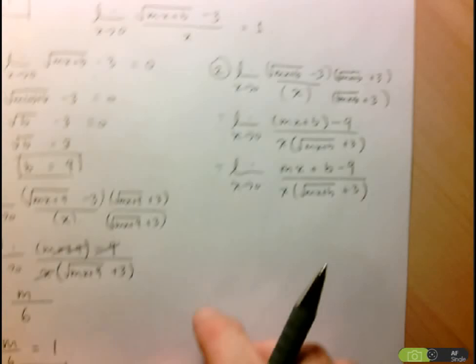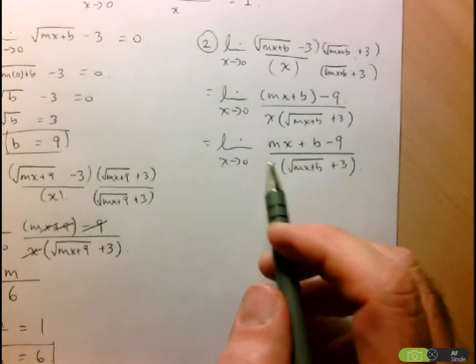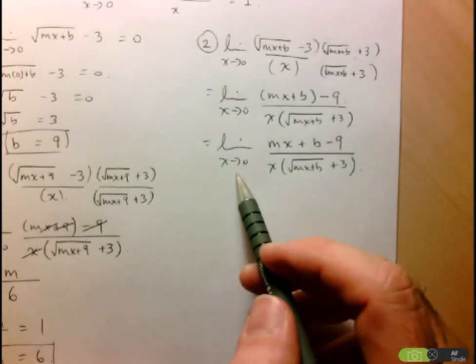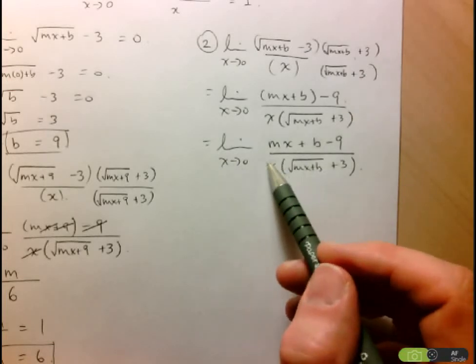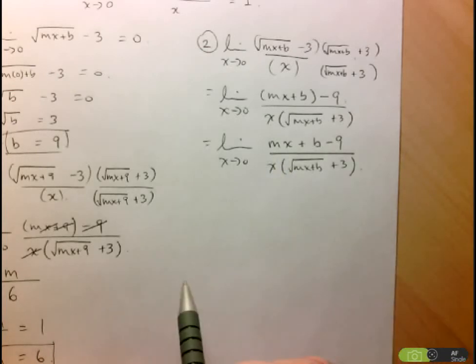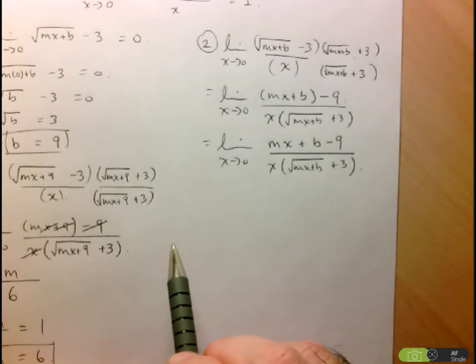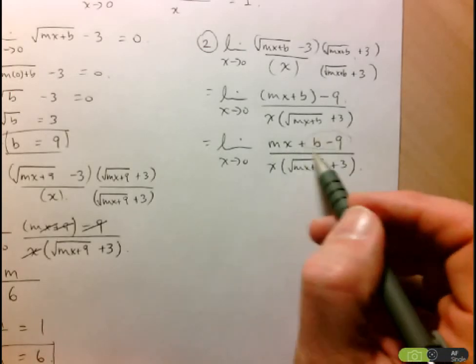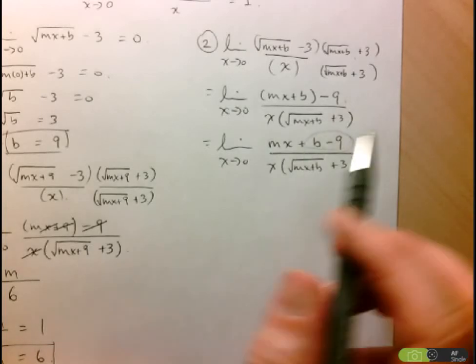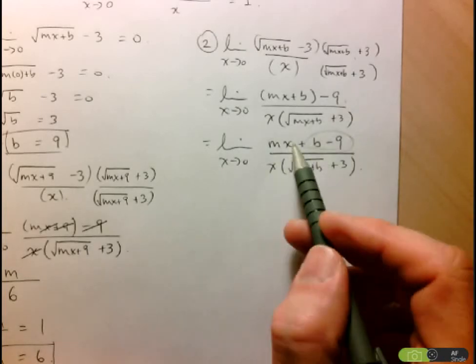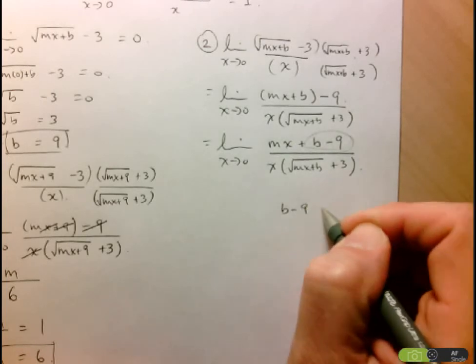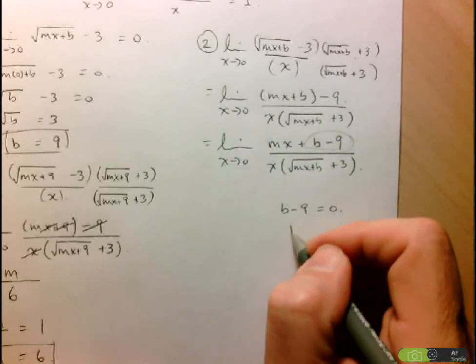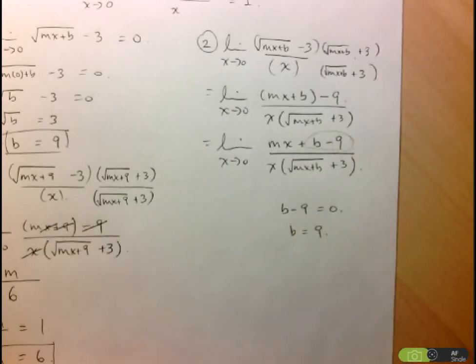So in order for us to be able to evaluate this limit, we would need this x in the denominator to cancel out with the x in the numerator. But what's standing in our way? Well, I have this constant, this b minus 9. With that b minus 9 there, I can't just easily reduce the x values. So this tells me that b minus 9 would have to be equal to 0. In other words, b equals 9, exactly what we determined earlier.